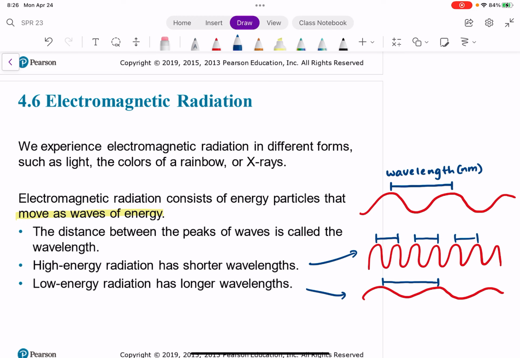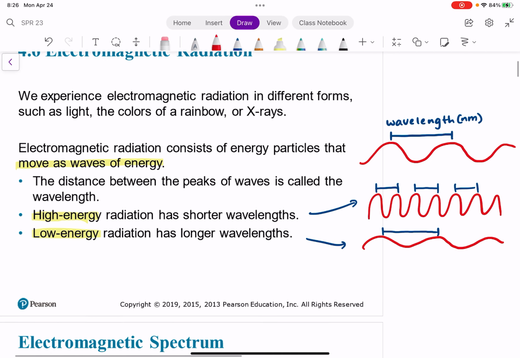So high energy versus low energy. The distance between those peaks determines how short or long the wavelengths are, and how high or low energy they are.